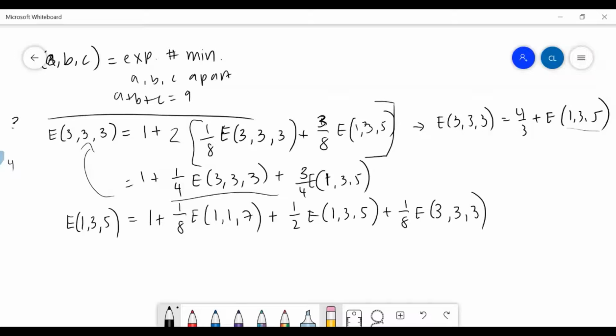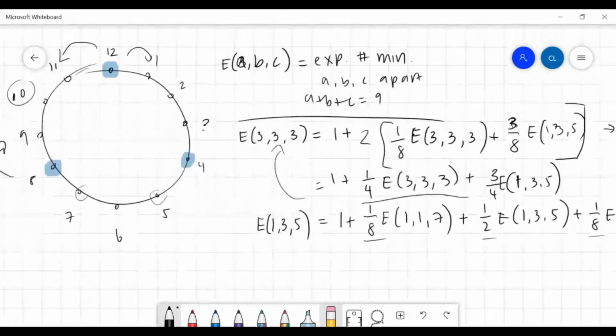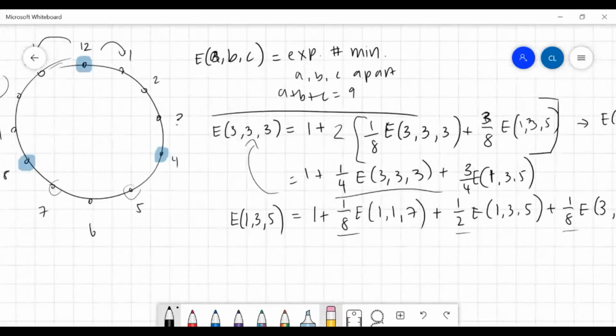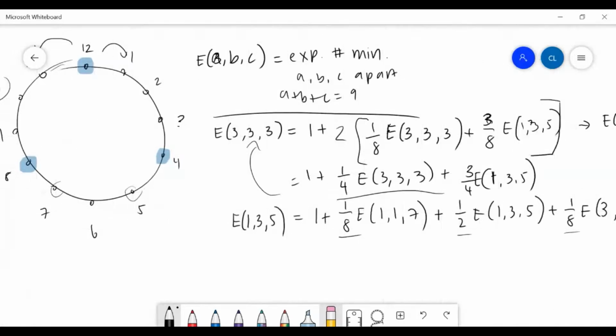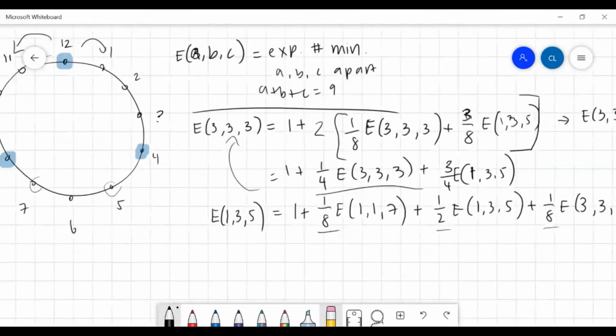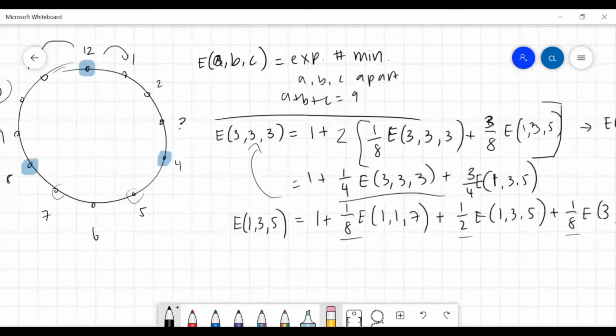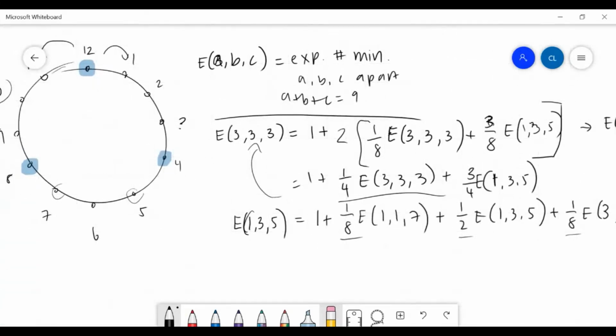That 1/8, 1/2, and 1/8 add up to 3/4. So that means 1/4 of the time the frogs all just stop, because the ones that are one apart both move to the same vertex. If they go like this, that's just 1/4 times 0.